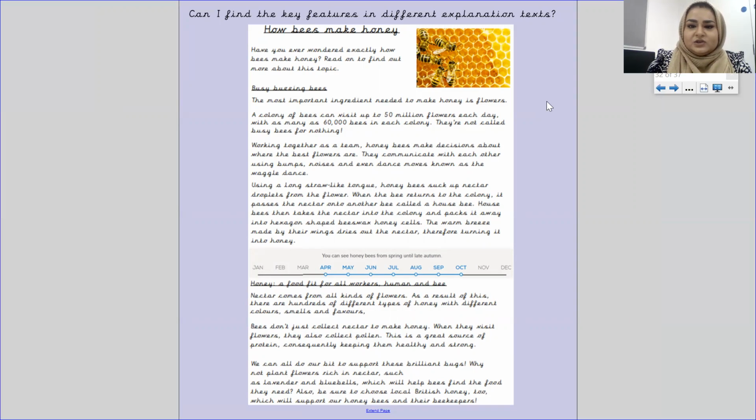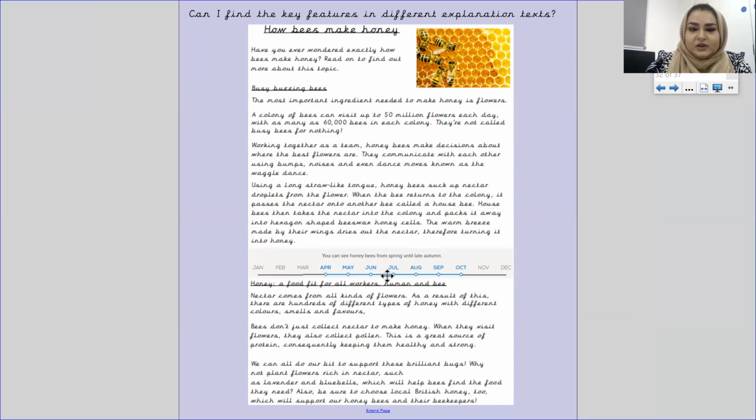When the bee returns to the colony, it passes the nectar into another bee called a house bee. House bees then take the nectar into the colony and pack it away into hexagon-shaped beeswax honey cells. The warm breeze made by their wings dries out the nectar, therefore turning it into honey.